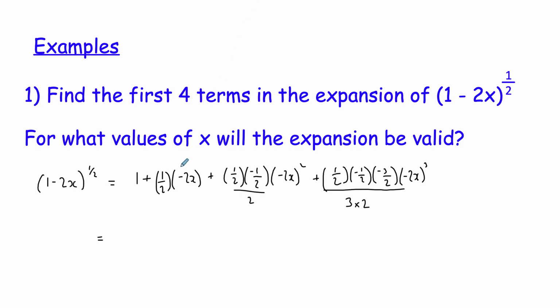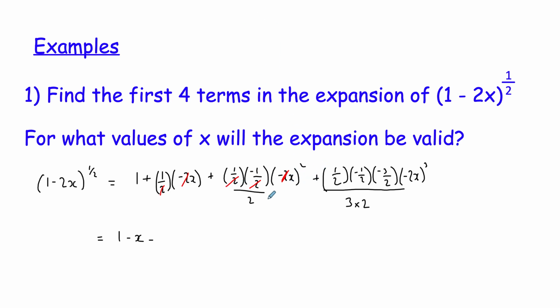What have we got? For the first term we've got 1. The second term is going to be negative. Those 2's are going to cancel. So that's 1 minus x. The next term is going to be negative as well, because this is going to square and become positive, so I've got an odd number of negatives. What's going to cancel is both of the 2's, that's 2 squared, so I can cancel that with 2 2's.